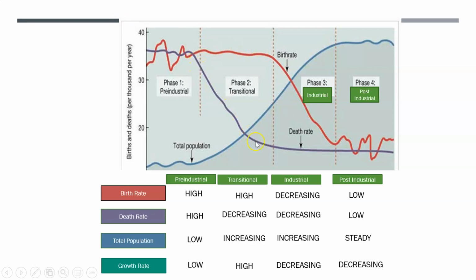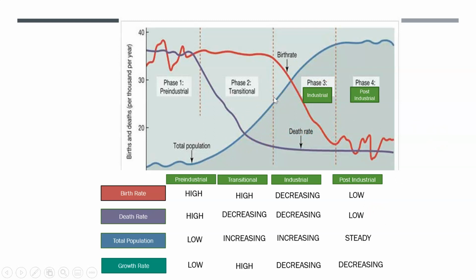But we notice that their death rates start to sharply decrease over time, which leads to a quickly increasing population. Countries in the transitional phase have improved medical care. They probably have water sanitation, so people aren't dying so early and are living longer, which relates to a growing population.